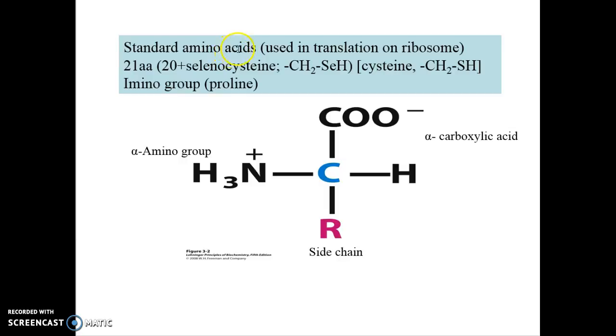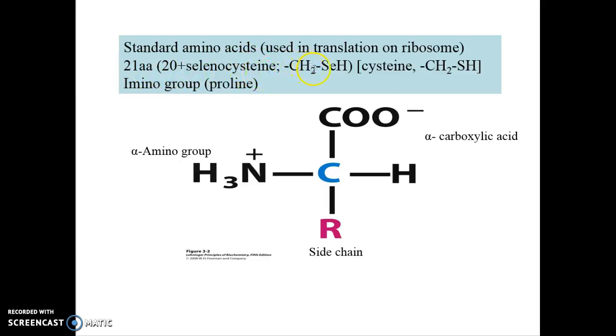Of course, there are more than 21 amino acids in life, but the standard amino acids are defined as the amino acids used in translation on the ribosome, which are very limited. Some books just say 20, some 21, but it should actually be more than 21.